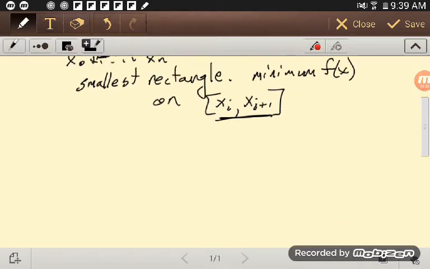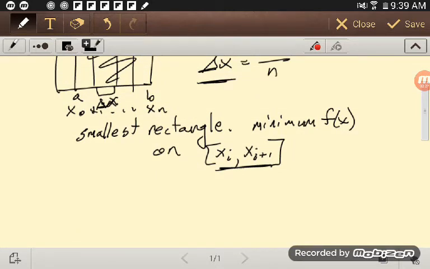And what we could do is, let's see, I'm trying to remember if your book has, I think they use little m's, yeah. So they're going to call that minimum at x sub little m, okay?